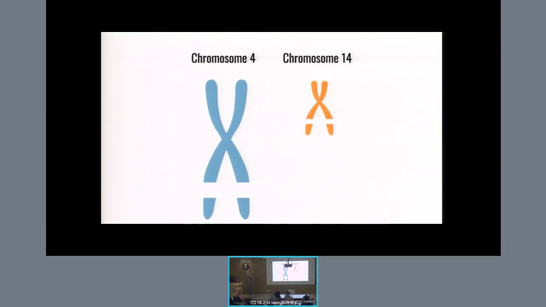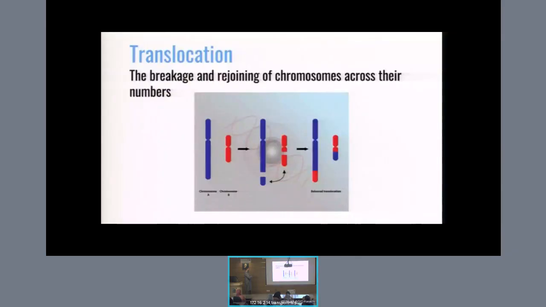And then when they rejoin a piece of 4 with a piece of 14, they didn't join in the right combination, and you end up now with a chromosome that we refer to as a 4-14 translocation. So a chromosome translocation is the breakage and rejoining of chromosomes across their numbers, 4-14, 11-14.